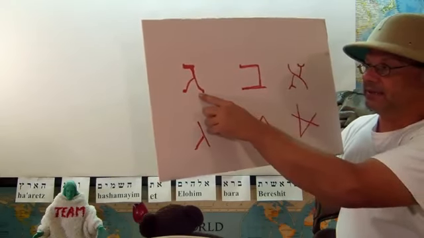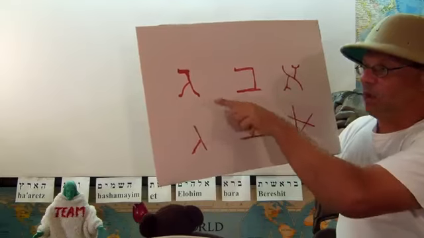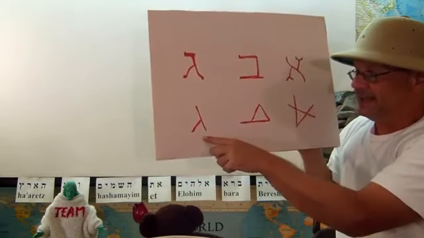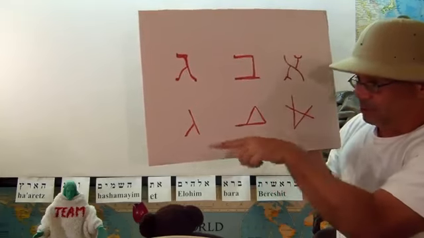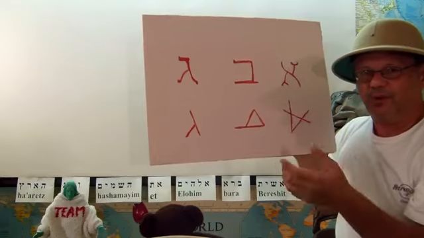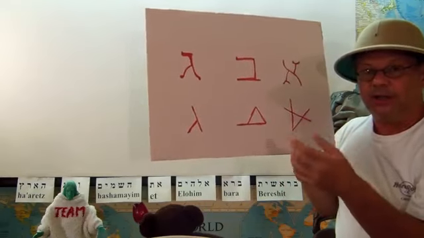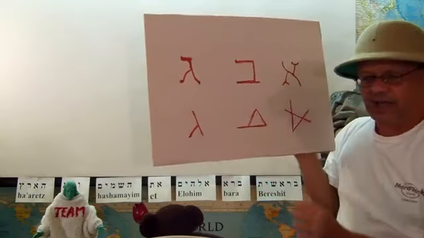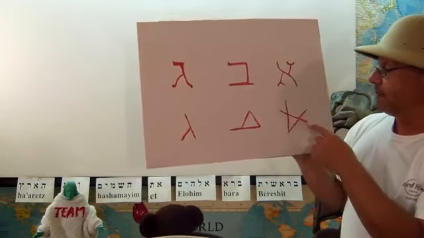Gimel looks like a man walking away from the house to do good deeds. And that's the ancient picture. It could be a man walking. It could also be a camel. The Hebrew word for camel is gamal. It's the long neck, and there's some parallels there. We're not going to cover gamal today, or gimel.